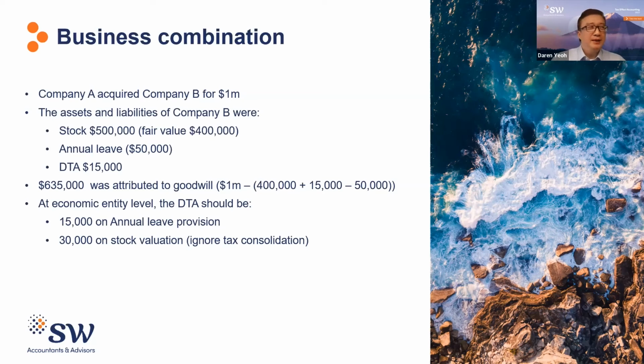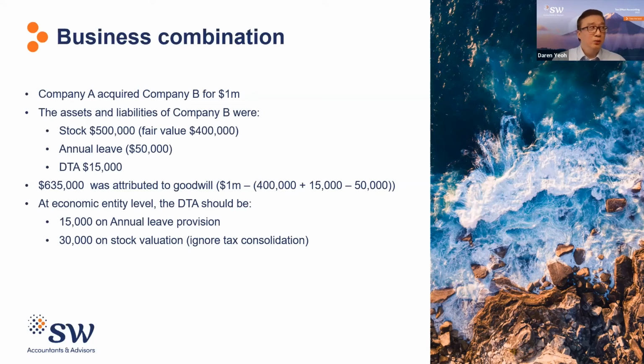But Company A says, well, the fair value of the stock is really 400,000, less than what's in Company B's accounts. Company B also has an annual leave provision of 50,000, and naturally Company B will recognize a deferred tax asset on that provision of $15,000.